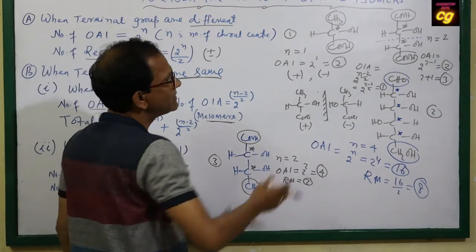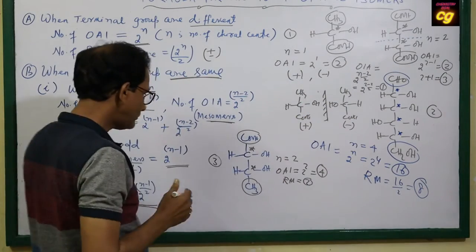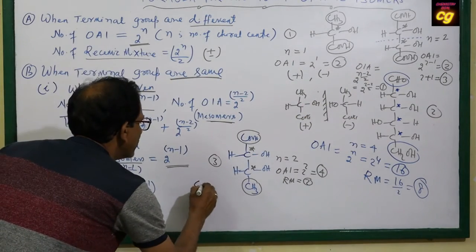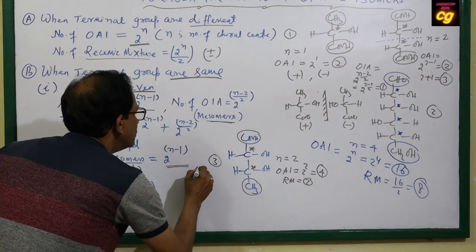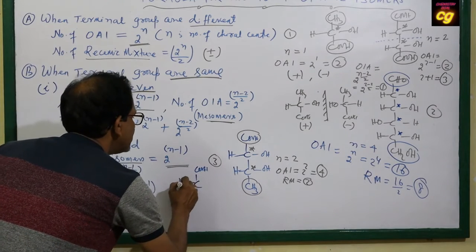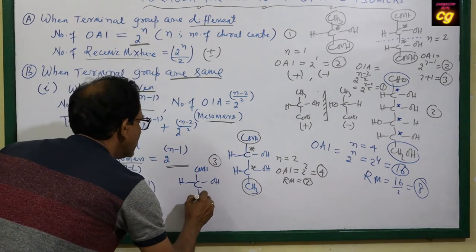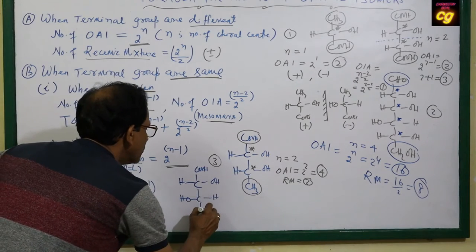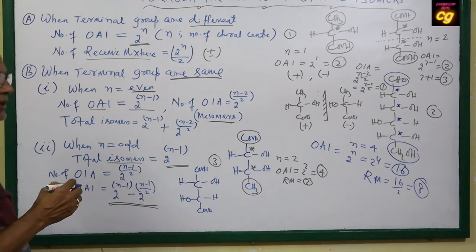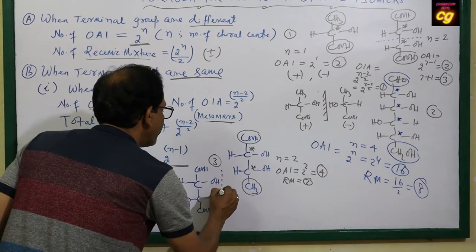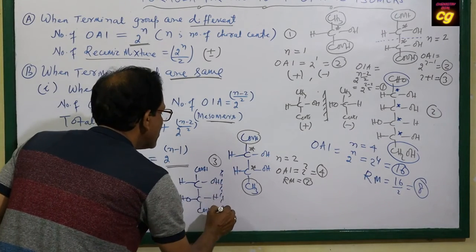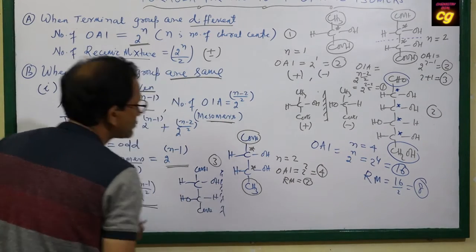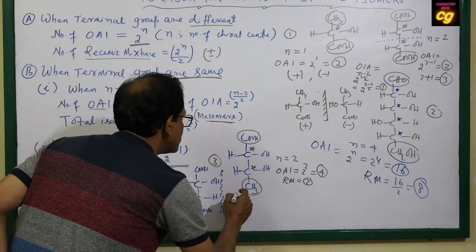But if you write the structure in a different way, that is COOH and HOH, then COH, H, then COH, this structure is just the mirror image of this structure, just a reverse of this.